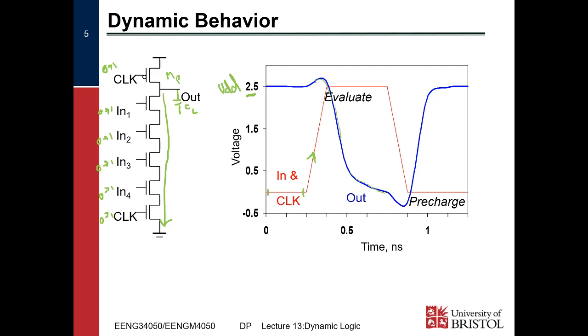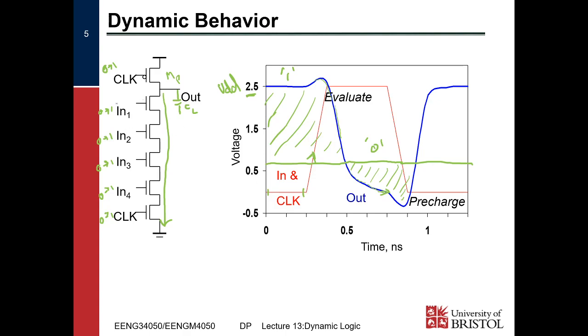When it gets below our threshold point, which I'm going to mark here, the output is considered a logical 0, whereas back here the output would have been considered a logical 1, right?